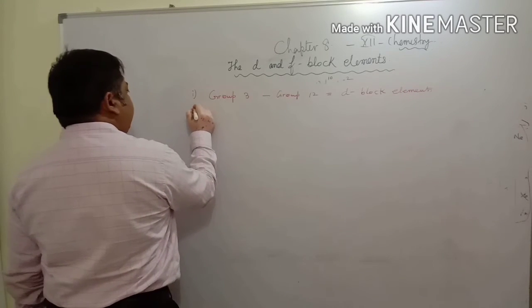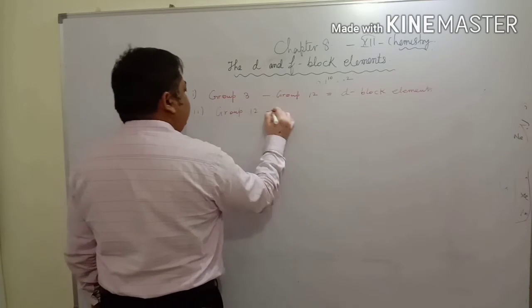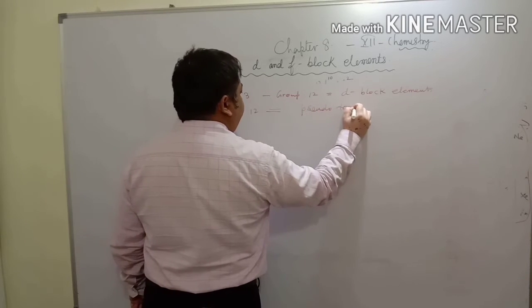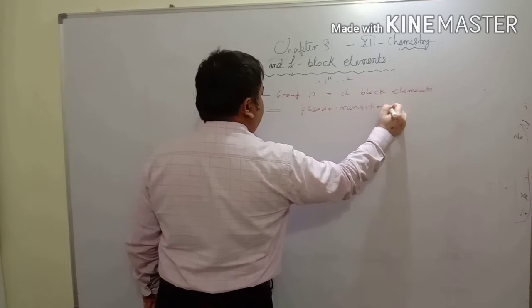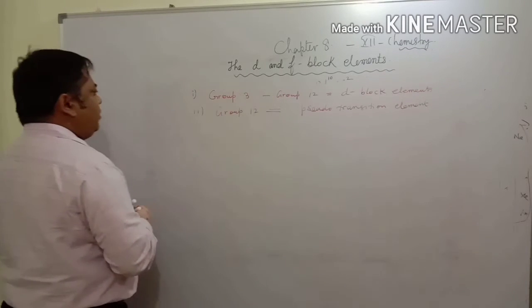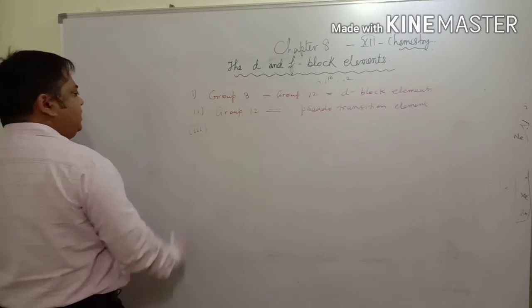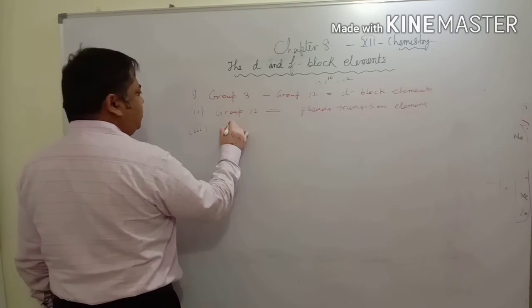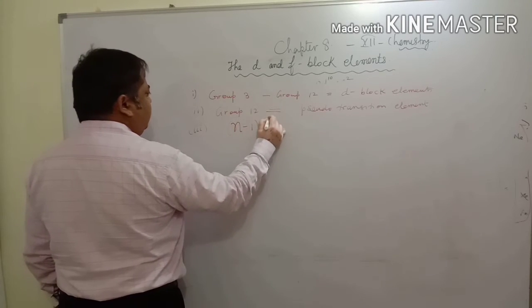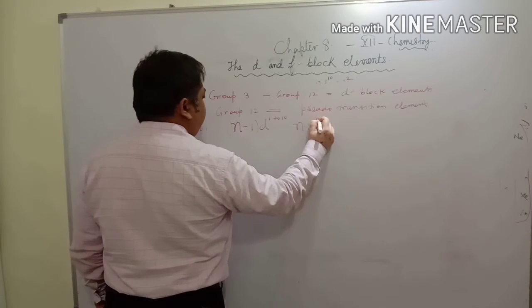Second, we saw that group 12 is called pseudo transition elements. Then we saw that the general electronic configuration is n-1 d 1 to 10 ns 1 to 2.